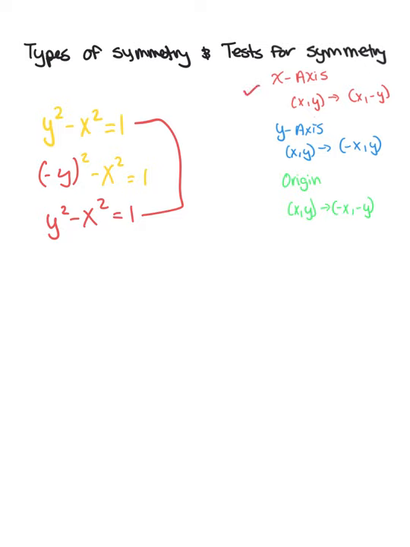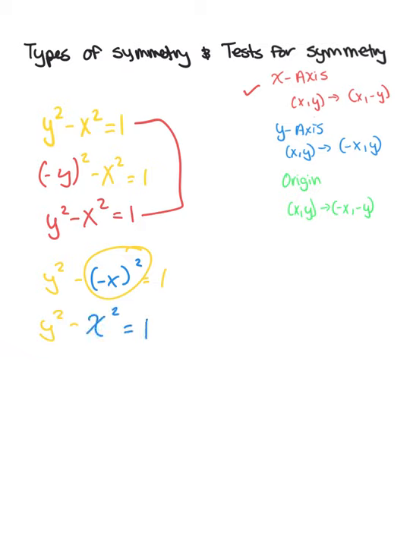So now I want to check the y-axis. For the y-axis, I'm going to keep the y the same, and I'm going to negate x. And everything else stays the same. So y squared minus negative x squared becomes a positive x squared is equal to 1.